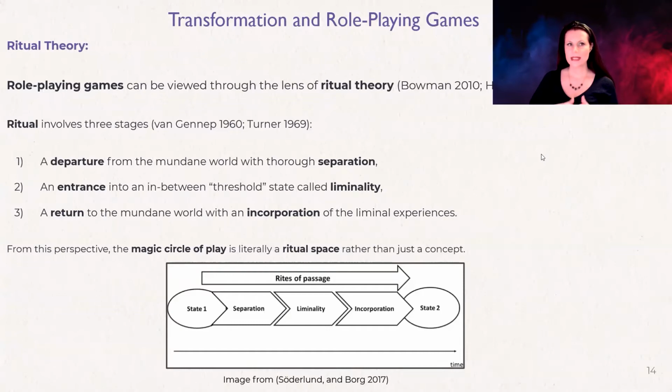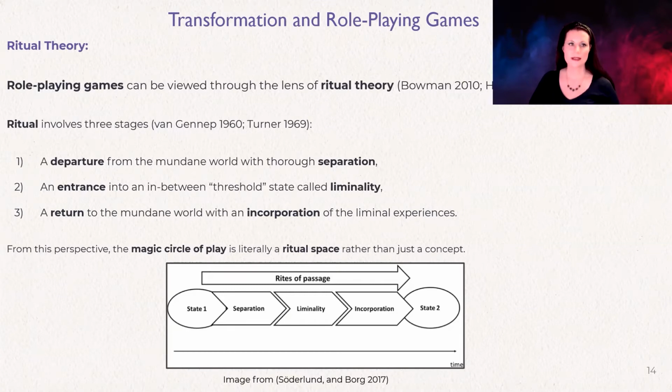So role-playing games can be viewed through the lens of ritual theory. Ritual theory emerged primarily out of anthropology, but is used in many other disciplines now. And according to Arnold van Gennep and later Victor Turner, ritual involves three separate stages, a beginning, a middle, and an end, if you will.